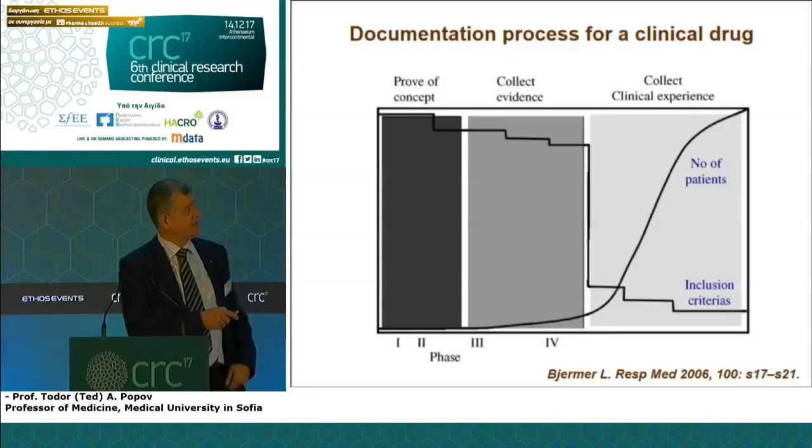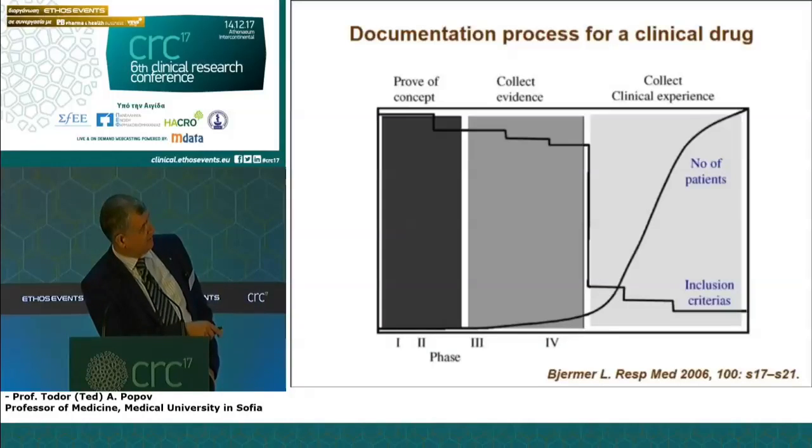So you can see the phase 1, 2, 3, and 4 trials where you have all those eligibility criteria that you have to stick to. And then when you collect post-marketing experience, and when you start collecting data from real life, where you have no set up eligibility criteria, then things turn out a little bit different.